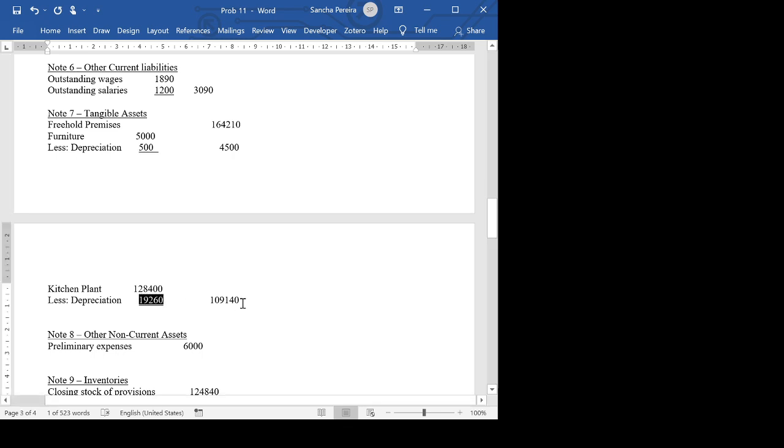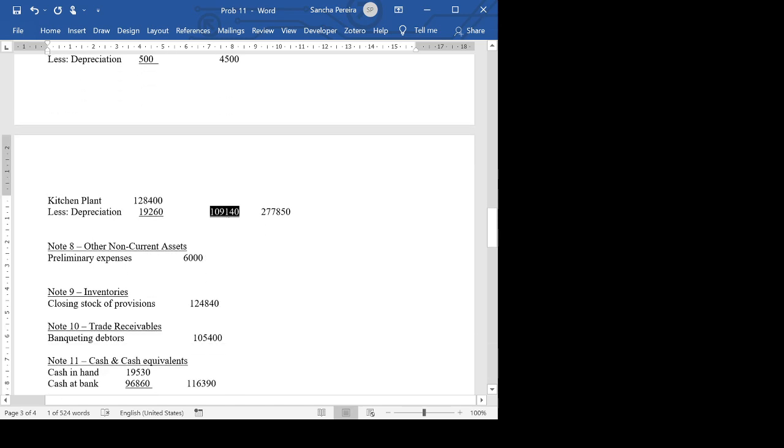So the entire total of tangible assets comes to 2,77,850.